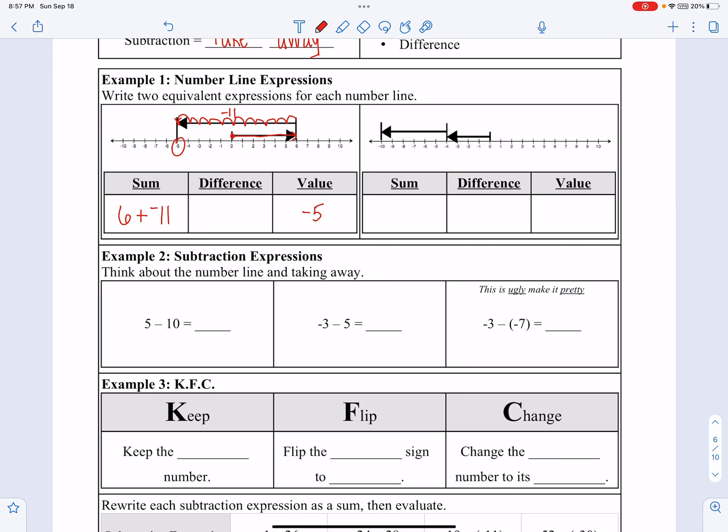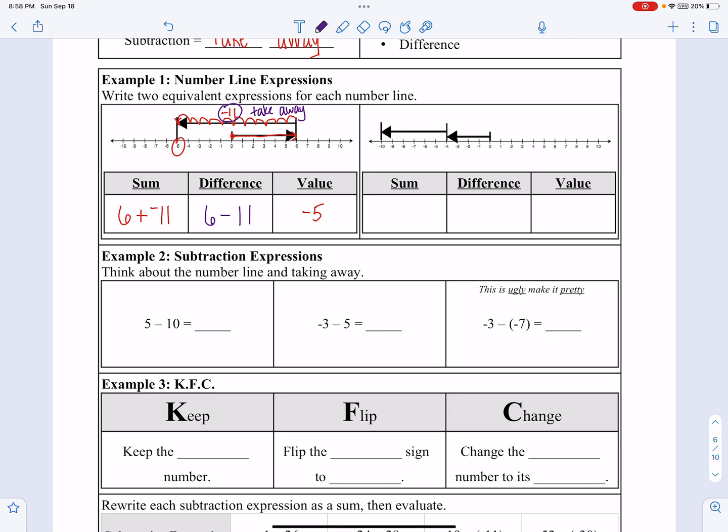Now, at the same time, we can write it as a difference, just as a normal subtraction problem like you're more familiar with in younger grades. And so now we can look at the same situation, and we're starting off with 6 again, and we just identify, okay, well, how much are we taking away? Well, I already know that I'm taking away 11, and so that's just 6 minus 11.